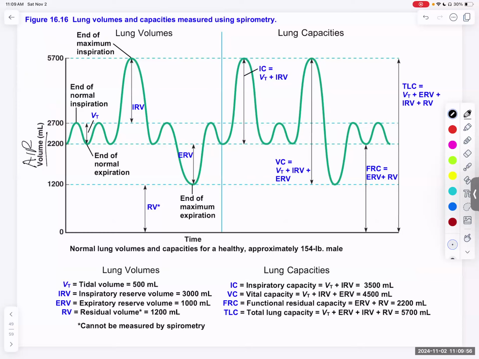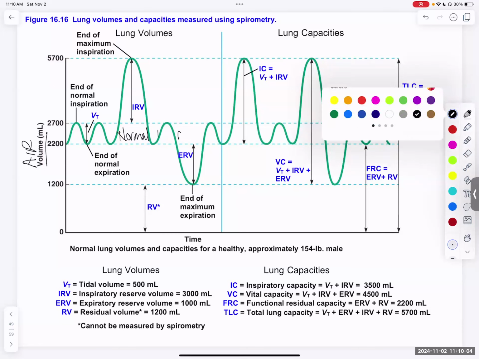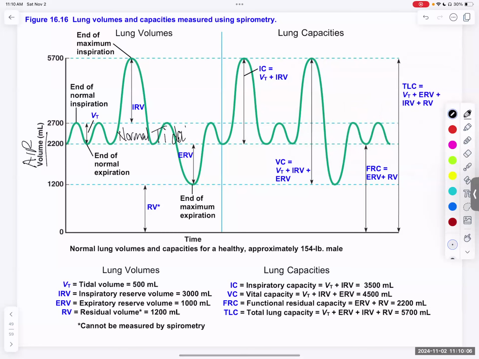And so this is normal, what's called tidal breathing. Normal tidal breathing is just contracting your diaphragm and then relaxing it. And we get about 500 mLs in normal tidal breathing. So this is a normal breath.